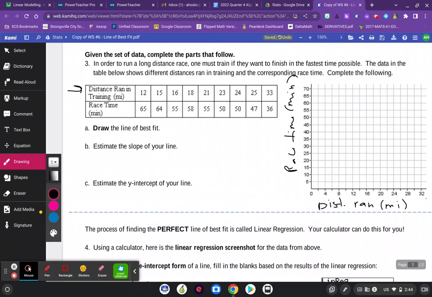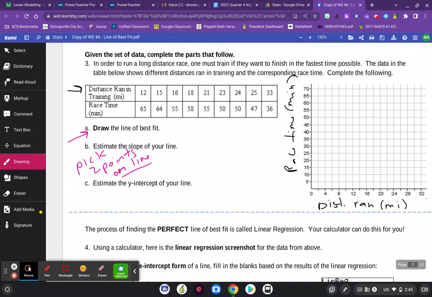And so what you would do is draw the line of best fit. You're going to pick 2 points on your line to estimate your slope, okay? And then estimate your y-intercept.